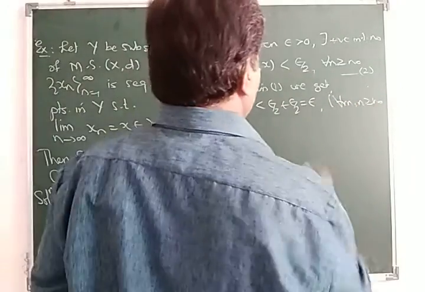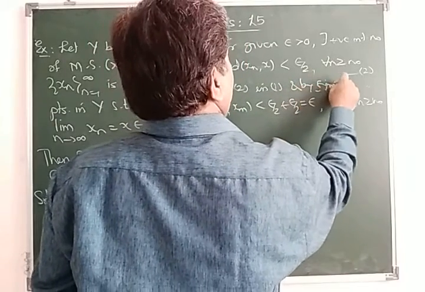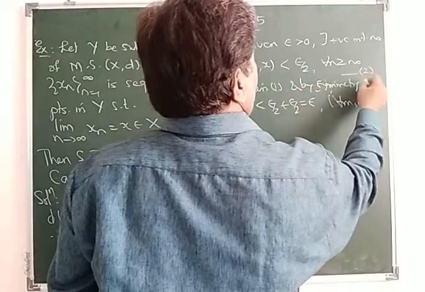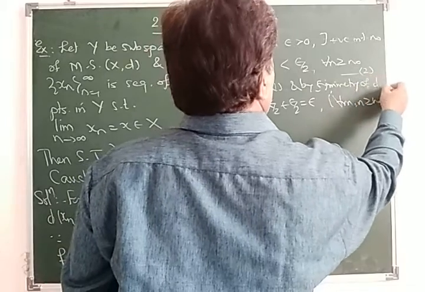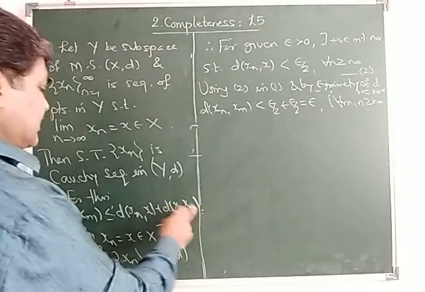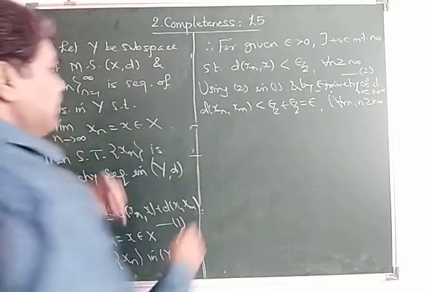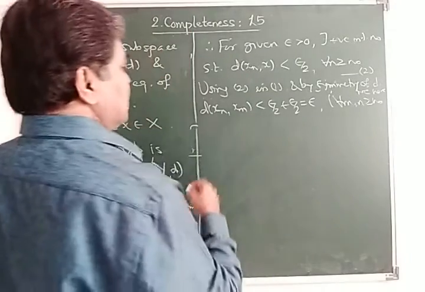Using 2 in 1 and by symmetry of d, we have d of x xm is the same as d of xm x, right? So this is less than epsilon.